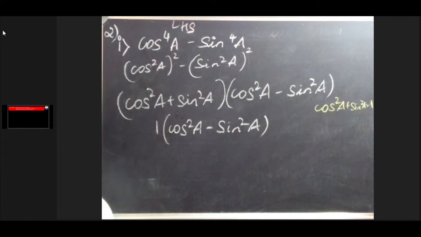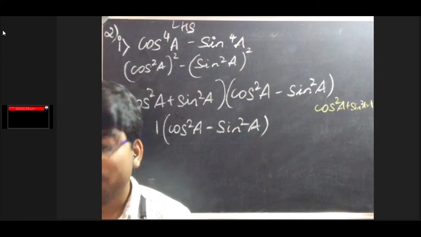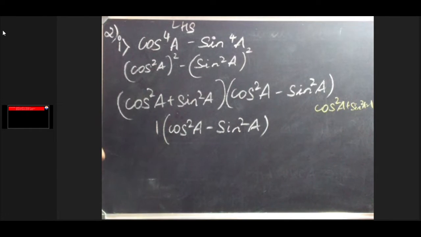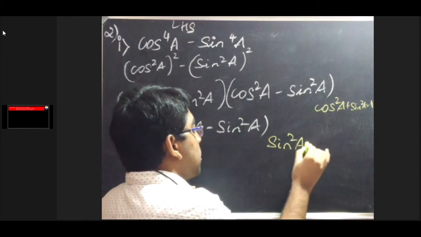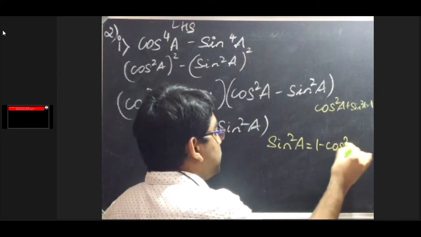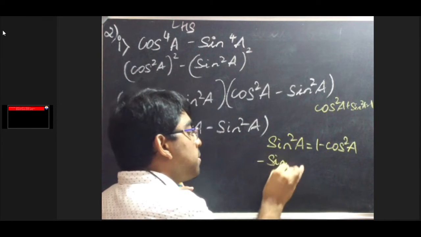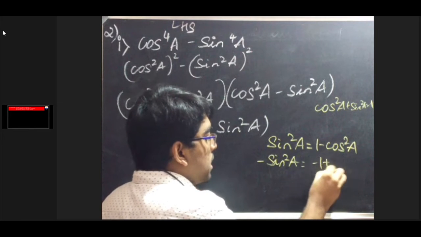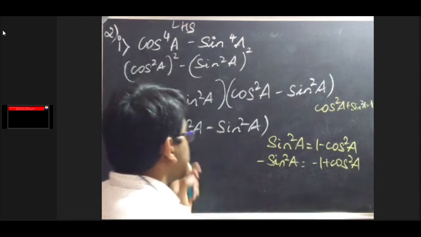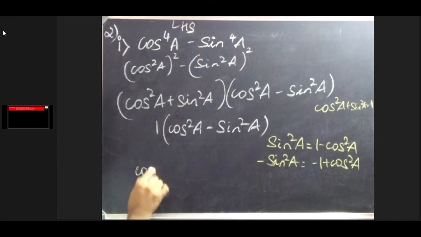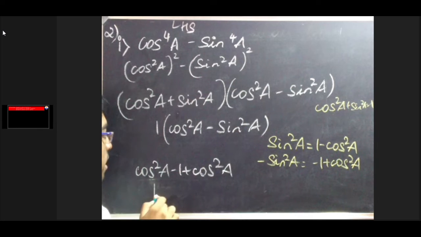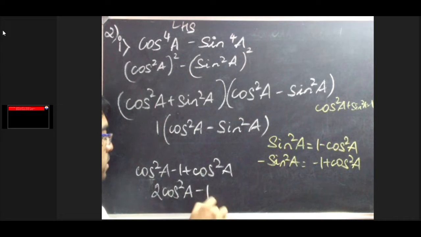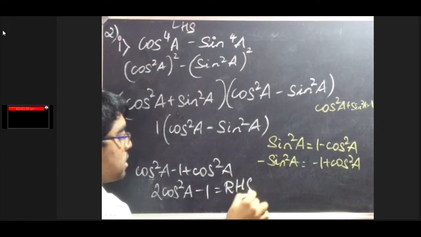The result expected in the RHS is in the form of cos. Let's convert all the sin in terms of cos. So sin square A equals 1 minus cos square A. Minus sin square A will be minus 1 plus cos square A. Substitute that over here: cos square A minus 1 plus cos square A, or I will write it as 2 cos square A minus 1, which is expected as our RHS.